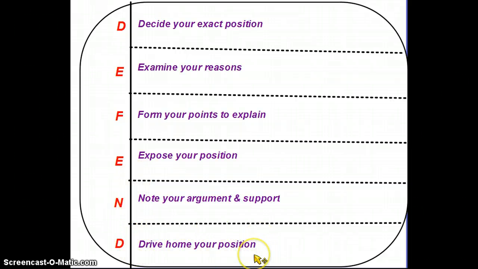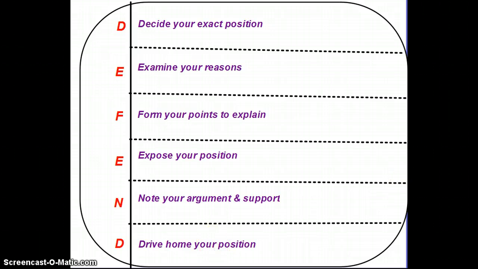When you're trying to persuade someone, you're going to recall that element of persuasion over and over again. Use these two flippables to decide your position and to identify your reasons, explain them, cite specific examples from the text, and re-identify your position.